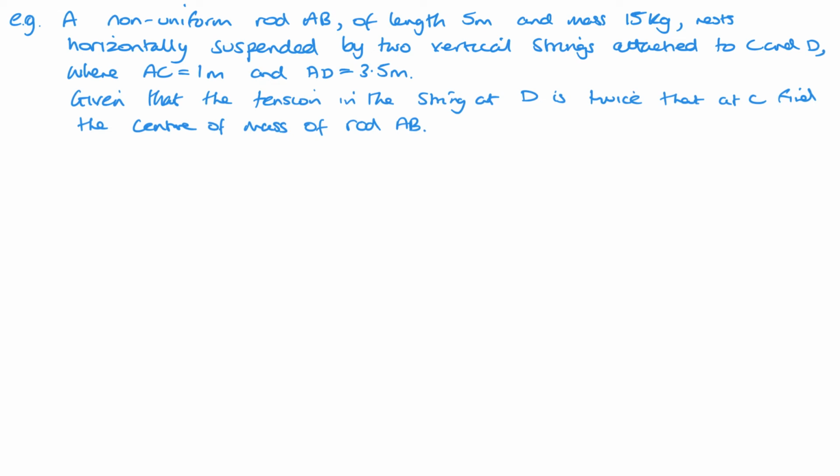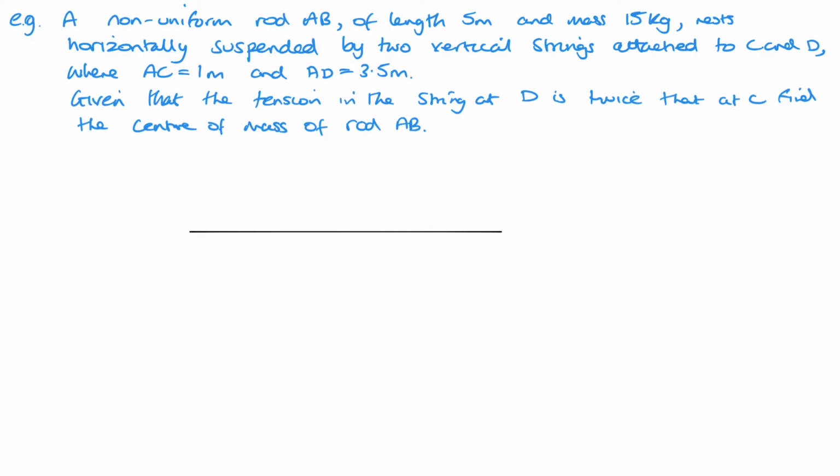So we've got a non-uniform rod, AB, length 5 meters, mass 15 kilograms, rests horizontally, suspended by 2 vertical strings. So first thing we want to do is draw our diagram. So we've got our rod, 5 meters across. We don't know where that 15 kilogram bit is first because it's non-uniform.